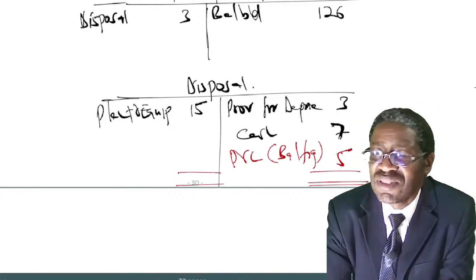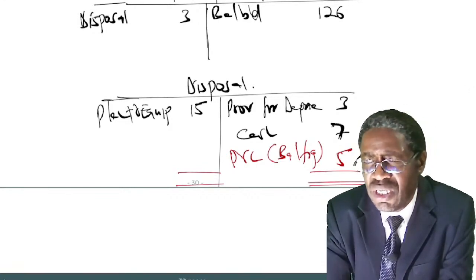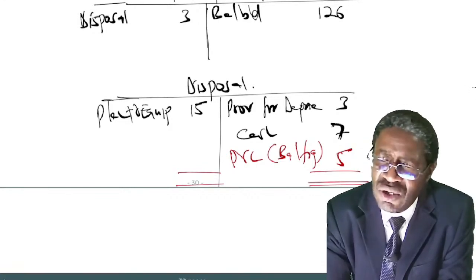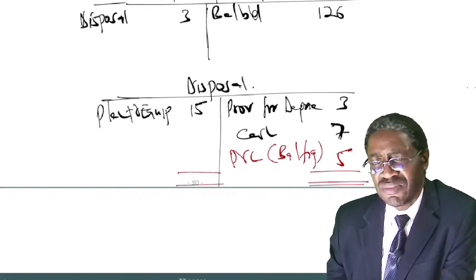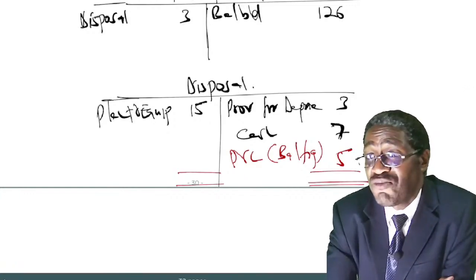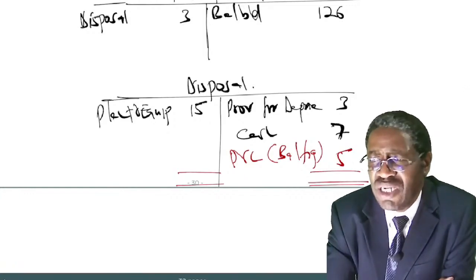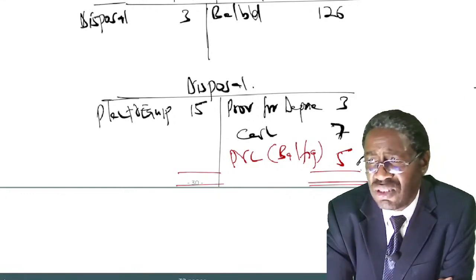Now, did we sell our equipment at a gain of 5 million or at a loss of 5 million? Let me just hear from somebody, because I've just been talking things you should have been reminding me. But let me now hear from you. This 5 million, will you take it to the P&L account as a gain or loss?